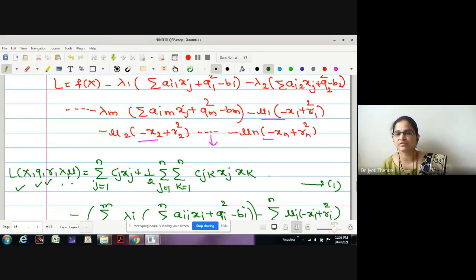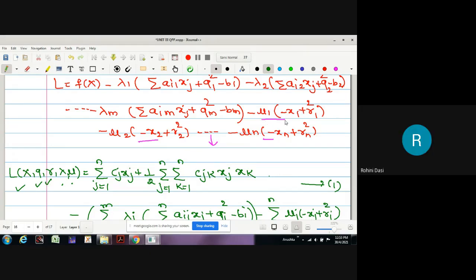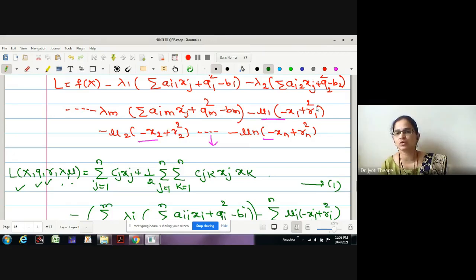So only first one will exist. This is mu1 into. What will be the derivative of this bracket with respect to r1? Is it 2r1? Yes, ma'am. This is minus q1 into 2r1 if I differentiate with respect to r1.